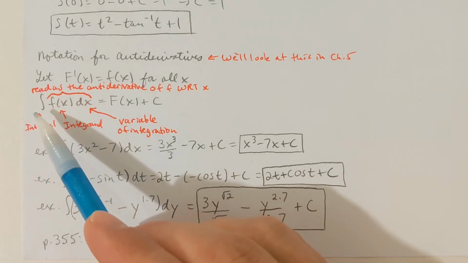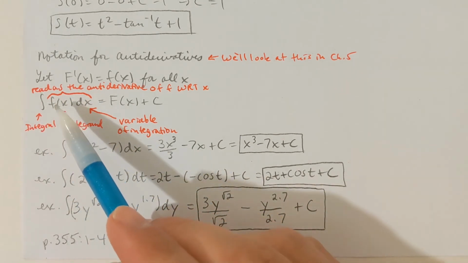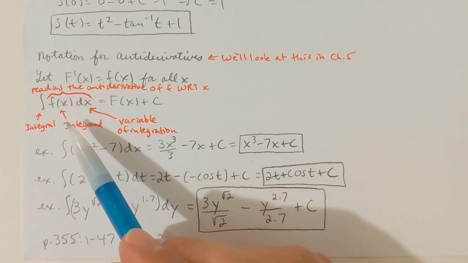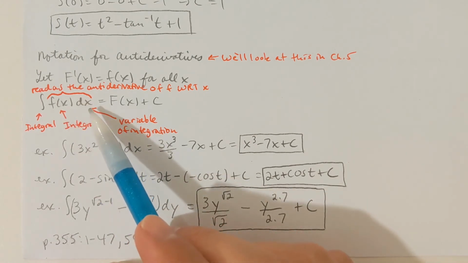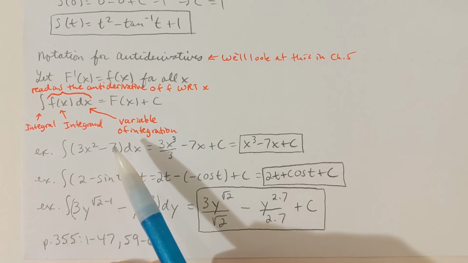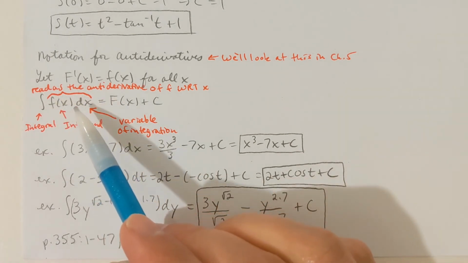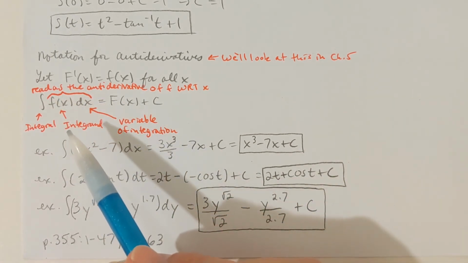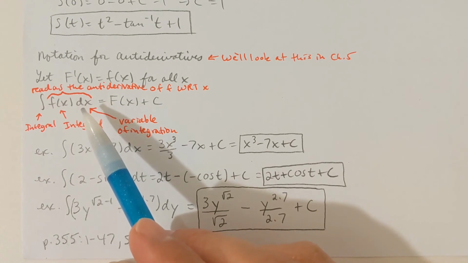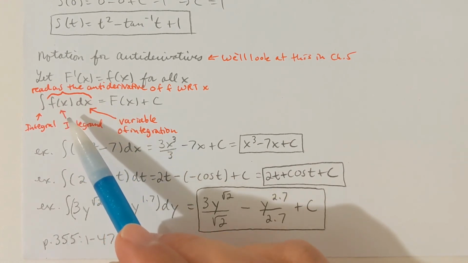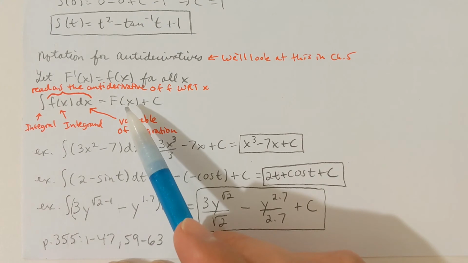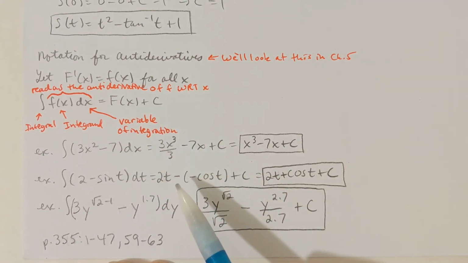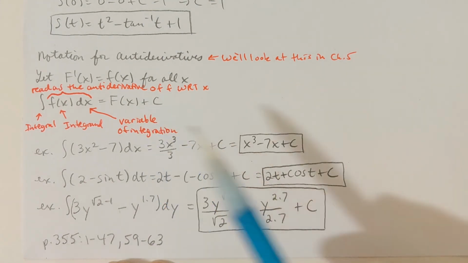This is the integral sign. F of x, the function, is called the integrand, and then dx is called the variable of integration. Now in this notation, you are just simply describing to somebody that you're going to calculate the antiderivative of little f of x. Well, that would be capital F of x plus a constant, right? That's where it would be the general antiderivative.